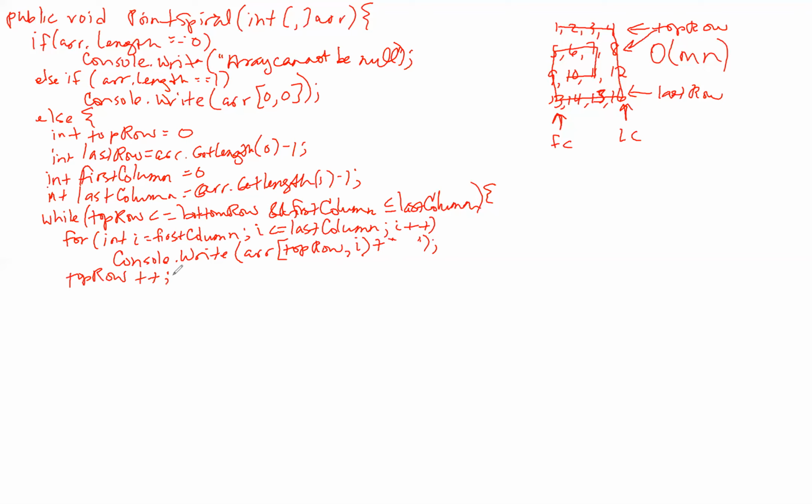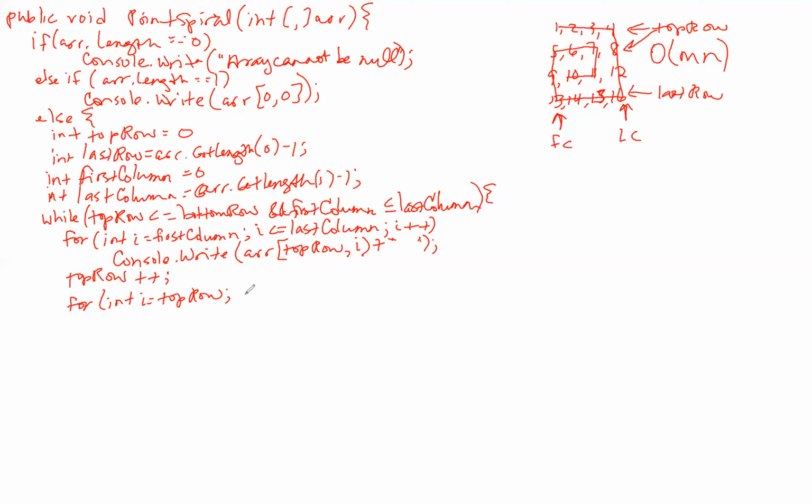Okay. So then our next thing we want to do is go down this last column, so from top to bottom. So i starts at the top row, which has moved now to this next row here, to position 1.